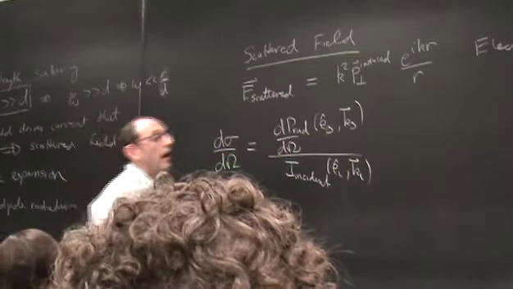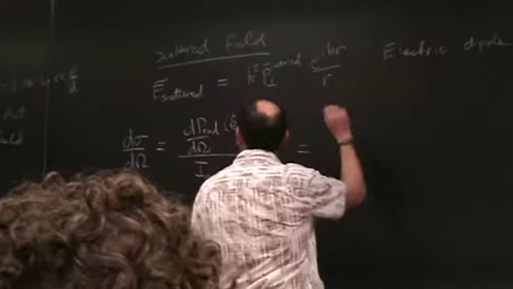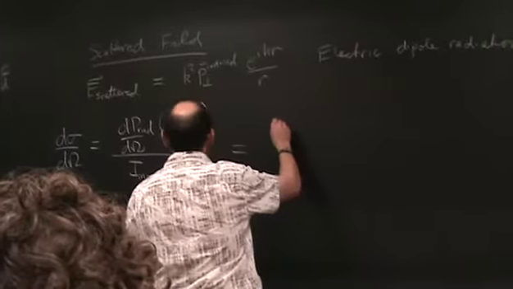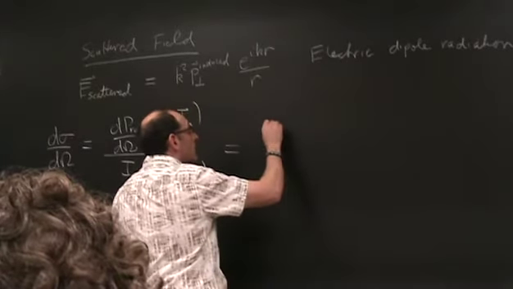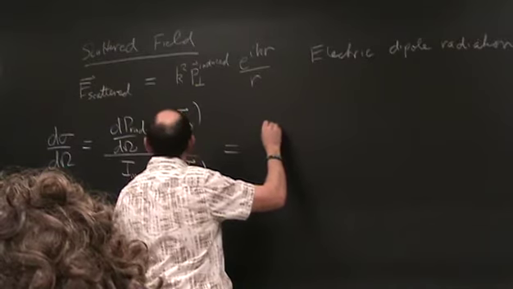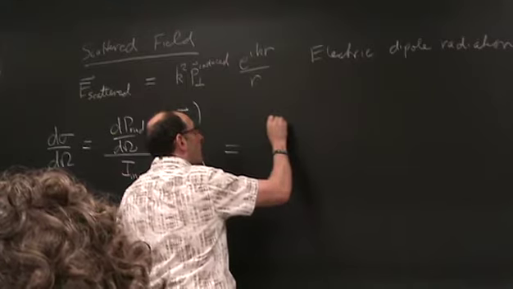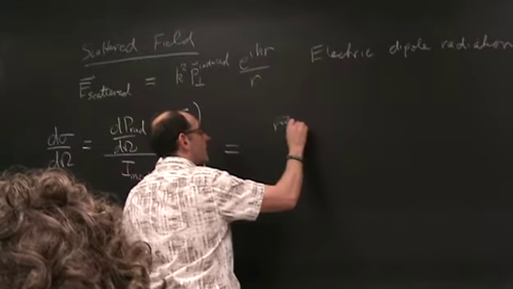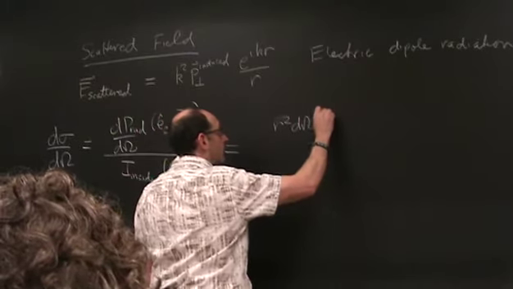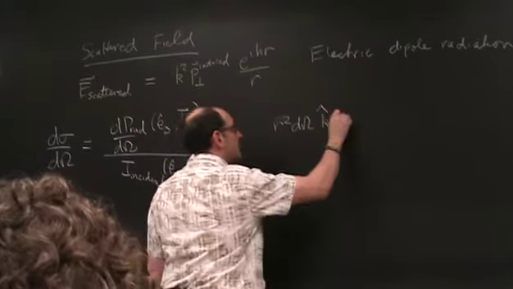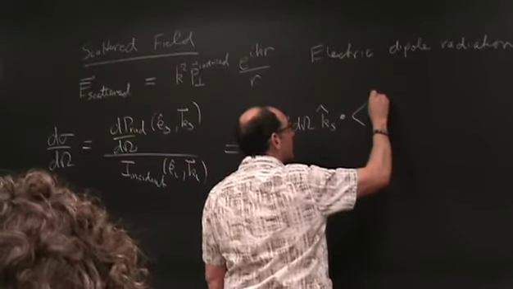But this is what we've calculated, generally speaking. This was equal to, regardless of the radiation, r squared d omega into the direction k dotted into the intensity.